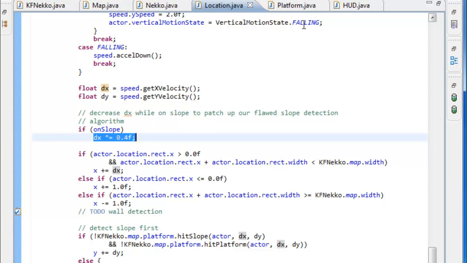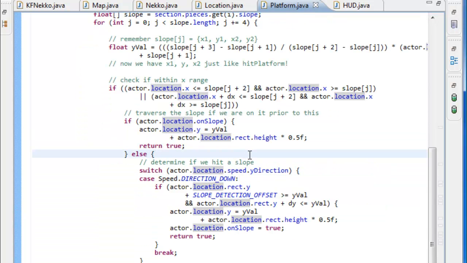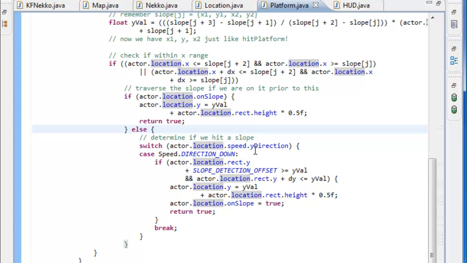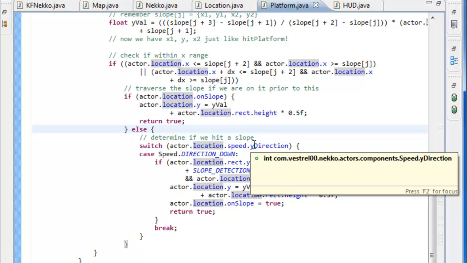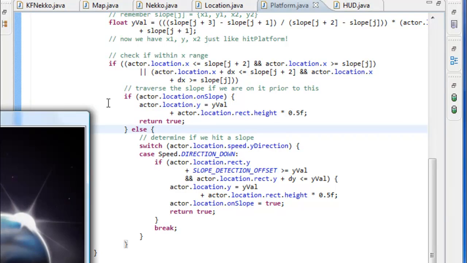And this is not magic, and I don't even know if I should explain this to you. I think I've already spent enough time explaining what is going on, but let me just try. If we don't do this, say our dx is large, and I really can't explain this without drawing it.